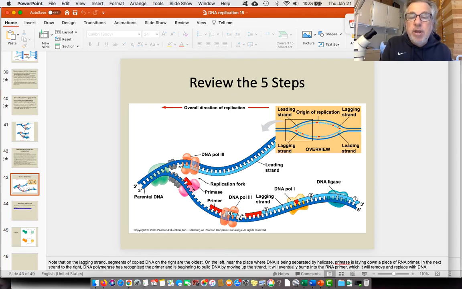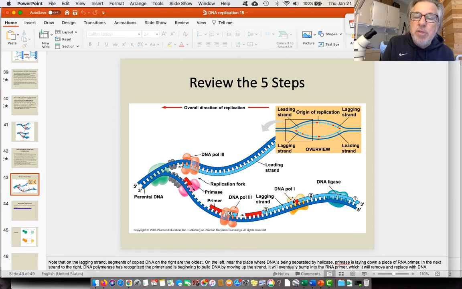DNA polymerase 3 then comes along, and it puts down DNA until it bumps into the next primer. Now, at that point, it can't work anymore. It drops off, and a new enzyme called DNA polymerase 1 is able to remove the RNA primer and put DNA in its place. But the problem is it cannot bind.